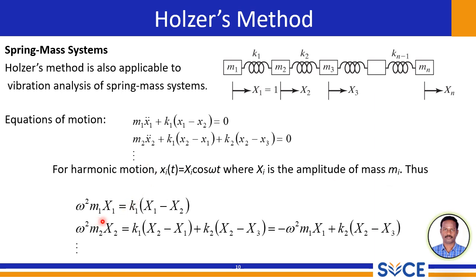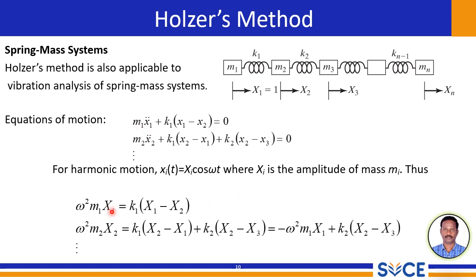How does it come? Once again, we have to substitute. Here we are differentiating x of t, we get x dot cos omega t. If we differentiate with respect to time, it changes to sin omega t into omega. Once again, if we differentiate, sin omega t becomes cos omega t, and omega square comes into picture.